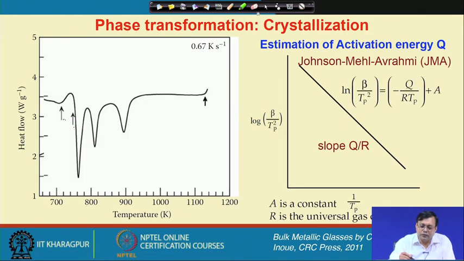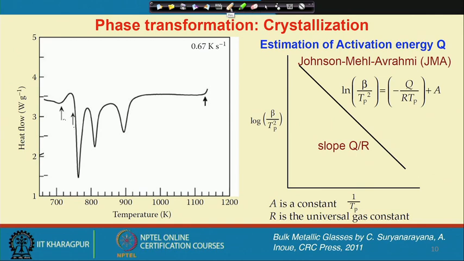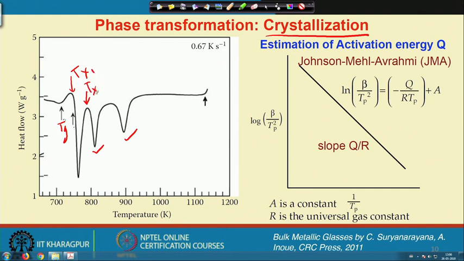Now, let us have a look at what we can evaluate out of a crystallization event. This is the thermogram of a glass, and you see here a T g and here is the T x. Interestingly, you can see two other peaks, which means this is T x 1, this is T x 2 and this is T x 3.